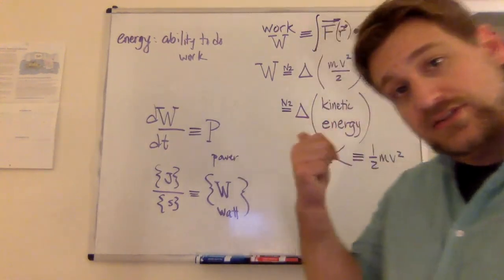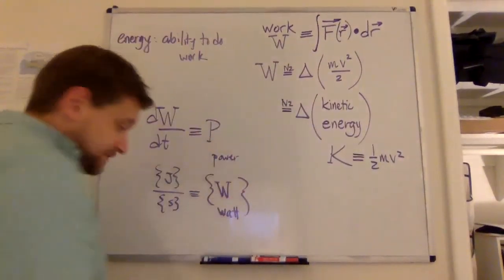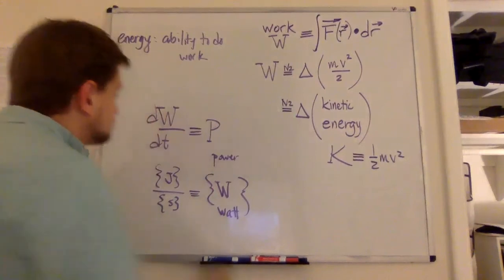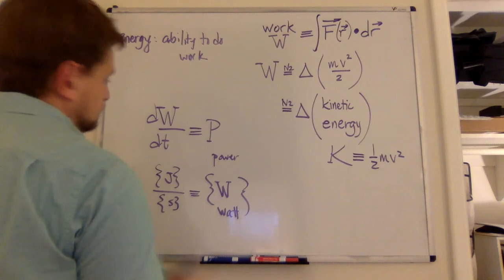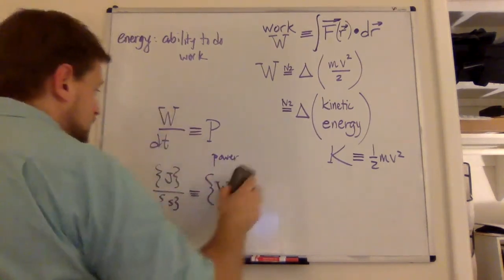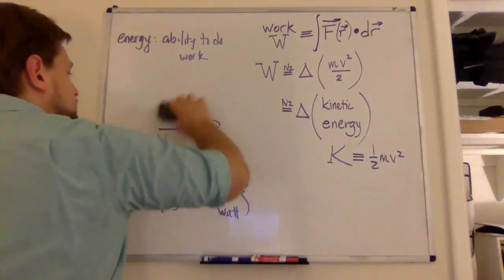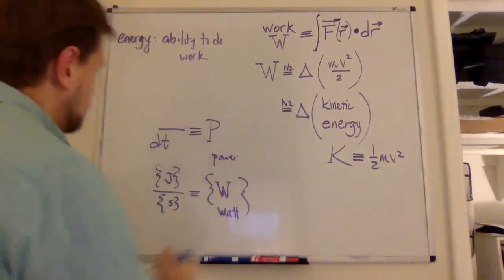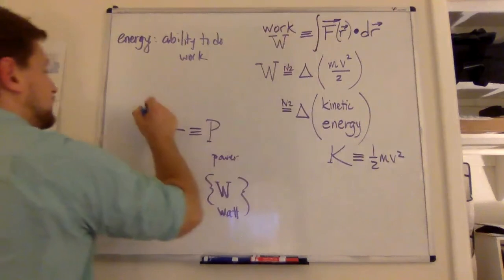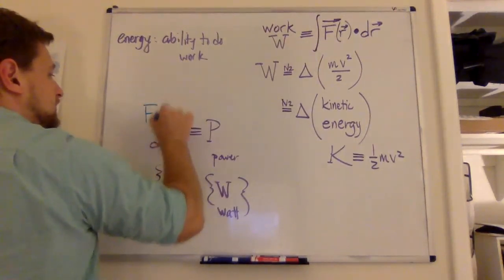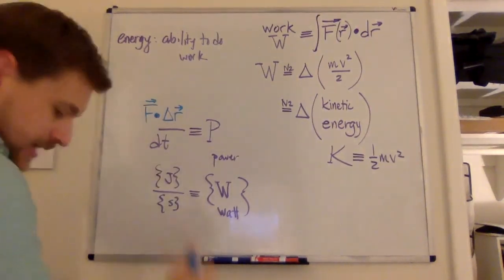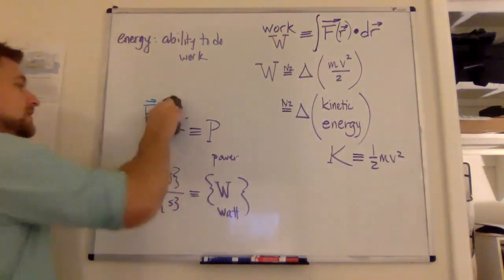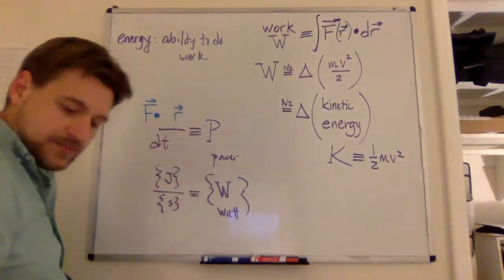I could tweak the definition of power a little bit, get us a different version that's useful sometimes. Suppose we do some amount of work. That's force dot displacement. And if you like, not delta r, but dr, so we can keep the differential.